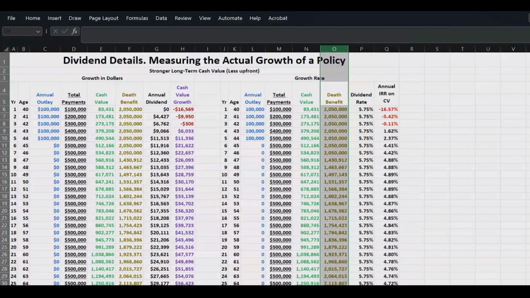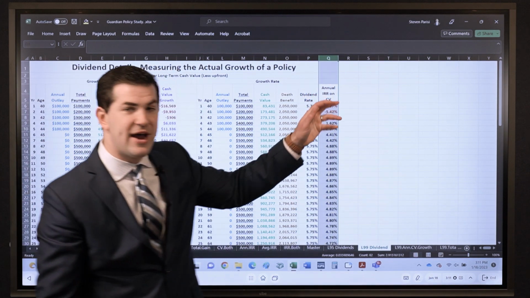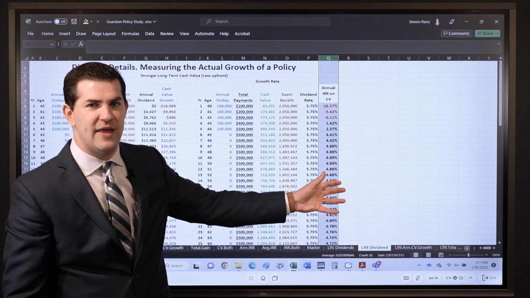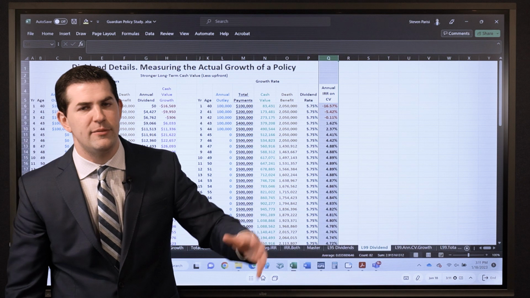But what I don't want, like what can mess everything up here, is if you purchase a policy under the expectation that your money is going to grow by the illustrated dividend rate, and then find out on your own that the IRR is significantly less than that. That it's right around 4%, maybe a little bit more.